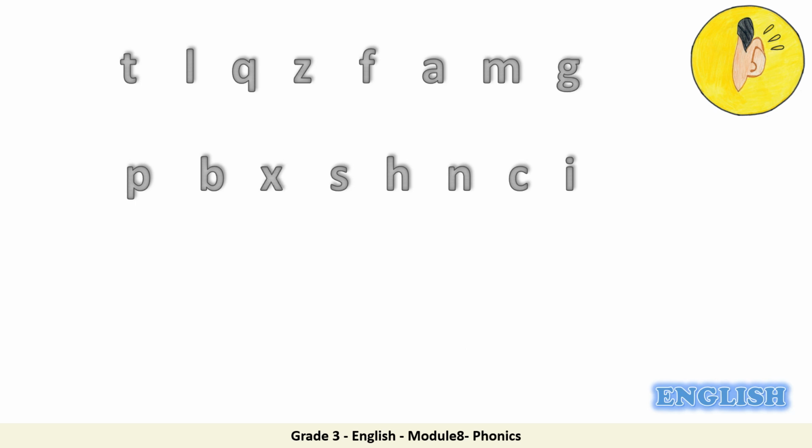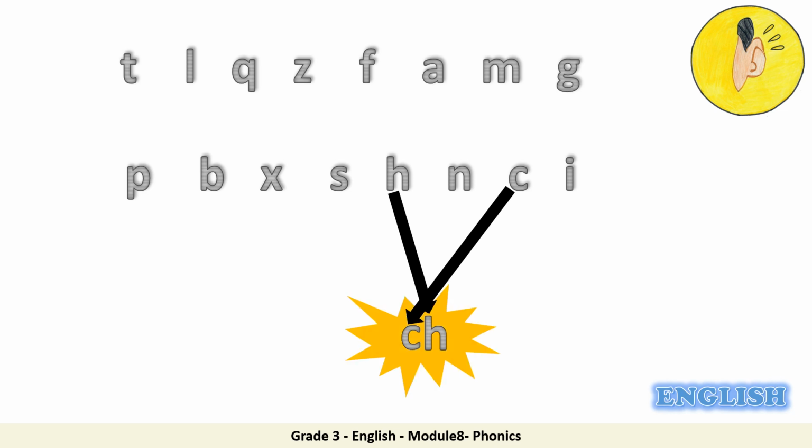In addition to those sounds we have discussed in the game, I am sure you know that there are more sounds. Those sounds happen when we combine different letters. For example, when we combine the letter C with the letter H, we have a new sound, ch. Excellent. Can you think of more examples like that?